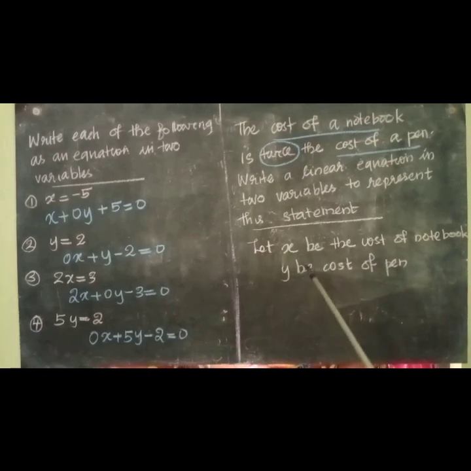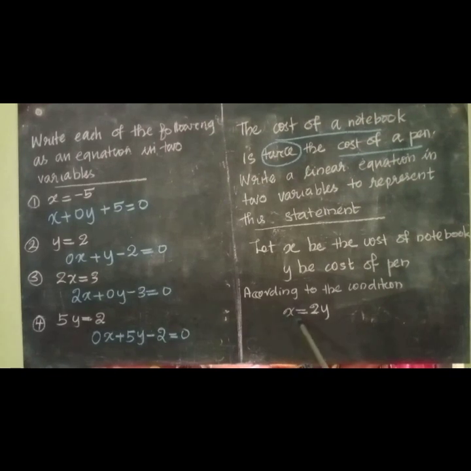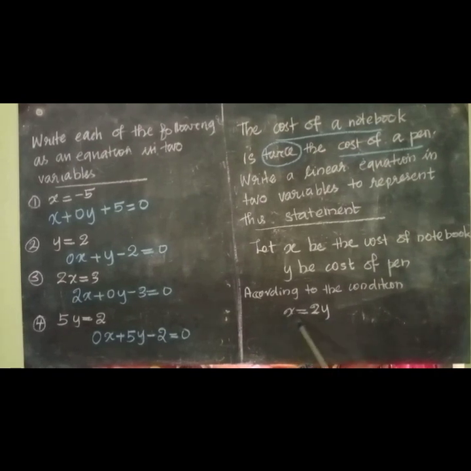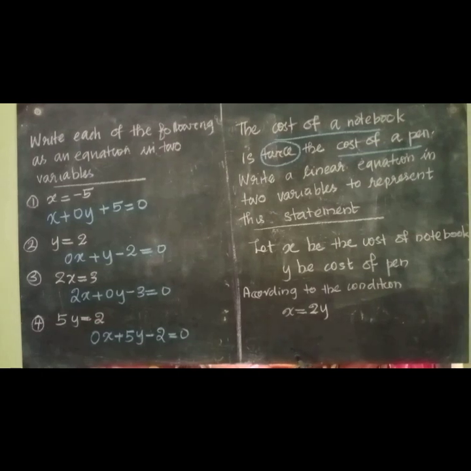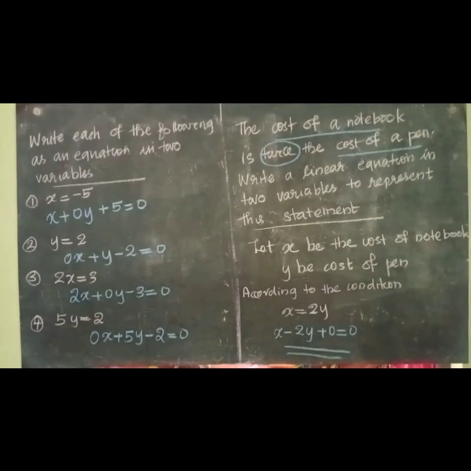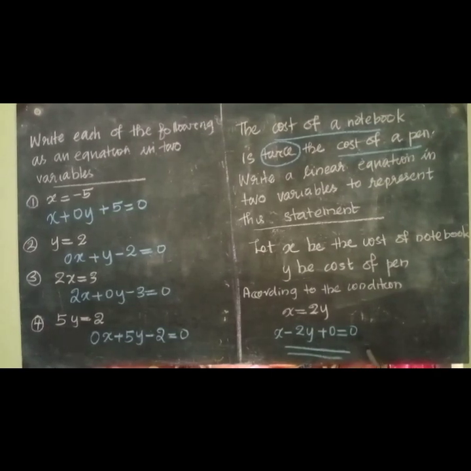X is 2 times y. So we can write x equal to 2y. So let us change this into the form of ax plus by plus c equal to 0. So we can write the equation as x minus 2y plus 0 equal to 0.